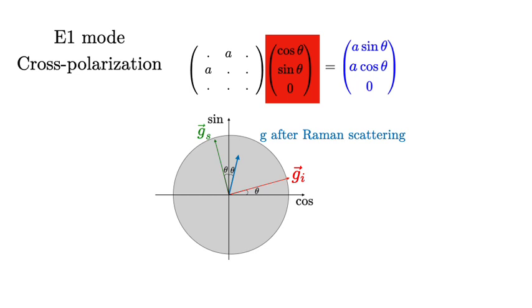So it may be a good place to stop the screencast and convince you of this. It's a fairly simple geometric effect. Now the blue arrow is a little bit shorter because it is rescaled by A. So basically it lives on this circle, which is no longer a unit circle. It's a circle of radius A.